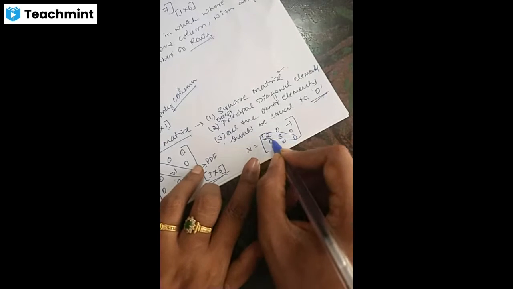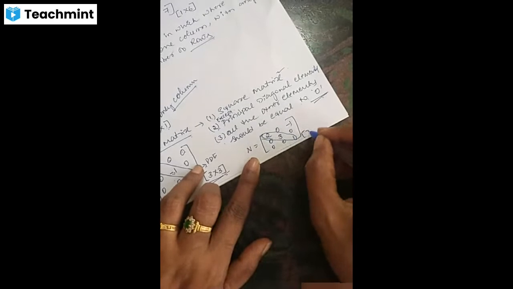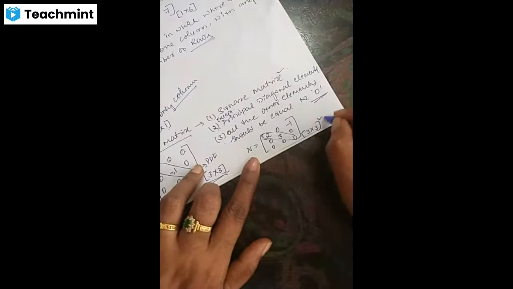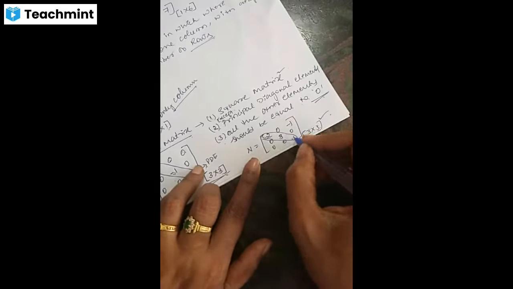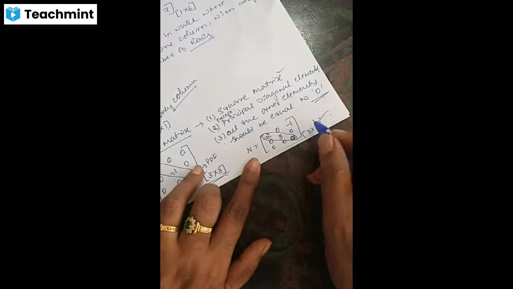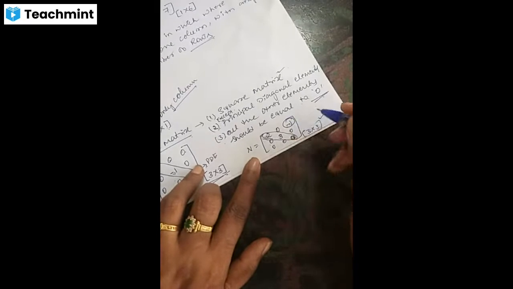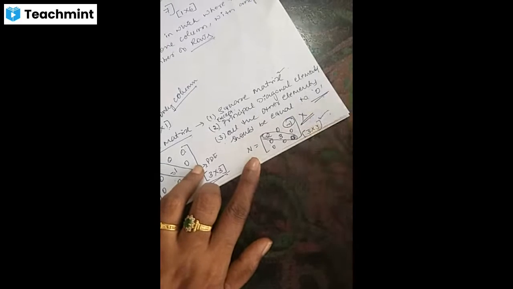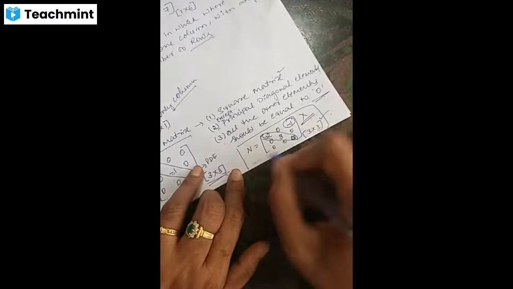Yes, it's a 3 cross 3 square matrix, so the first condition is satisfied. Principal diagonal elements are there. Even if instead of this 1 you had 0, that is fine. 2, 3, 0, yes, that is agreed. But all the other elements should be equal to 0, and here we have minus 1. Therefore, this is not going to be considered a diagonal matrix.